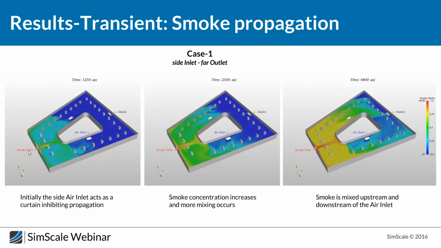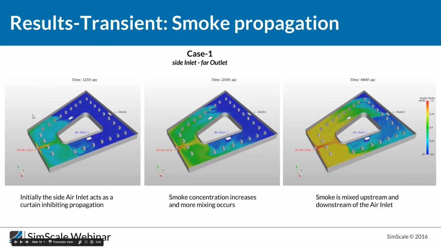We have a transient simulation, so we want to see how the concentration and distribution of smoke changes over time. On the first image here on the left, we are looking at the domain after about 1,200 seconds. We see this left part of the garage already has a concentration of smoke maybe around 0.5.